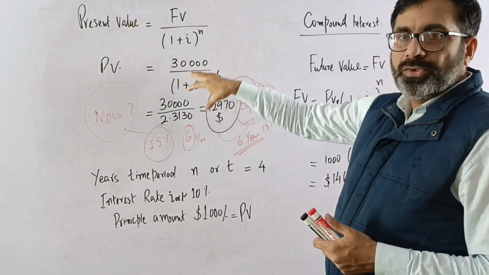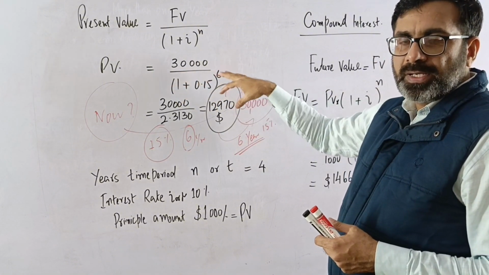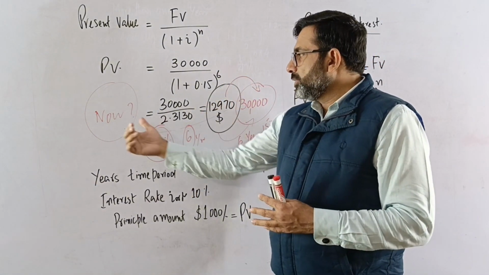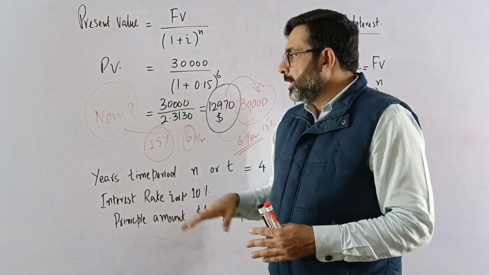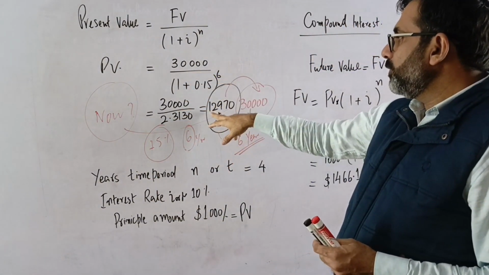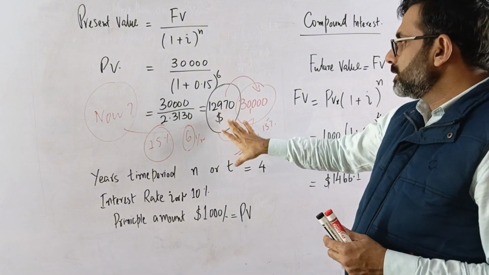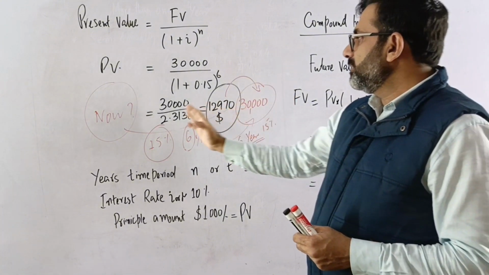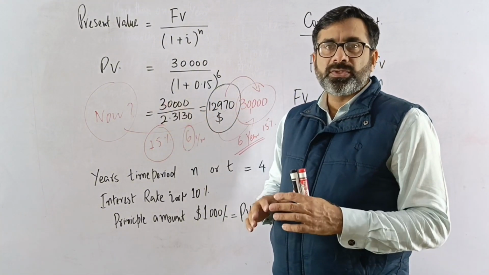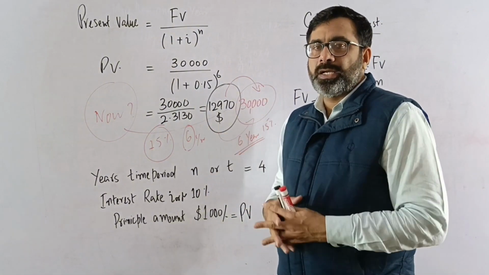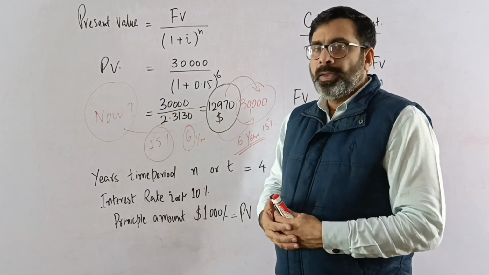You know the target at a specific time period, and you know the rate of interest during that time period, and you want to know how much to invest now. So in this question, if you invest $12,970, or almost $13,000, after 6 years you will get $30,000. So 13,000 is converted into $30,000. This is the concept of the present value.